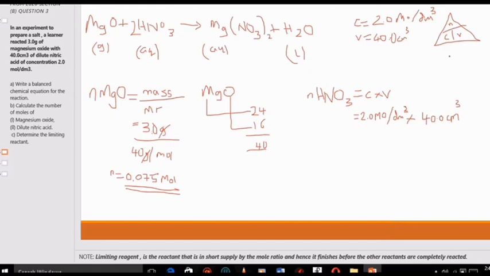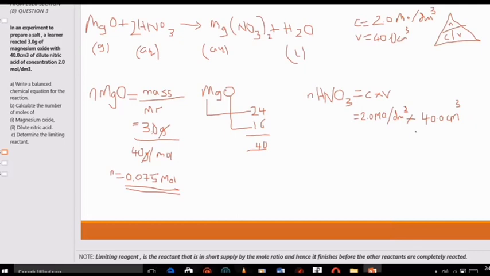One thing that you need to know and understand is that when calculating the number of moles using this formula, volume should always be in cubic decimeters. Volume must always be in cubic decimeters.